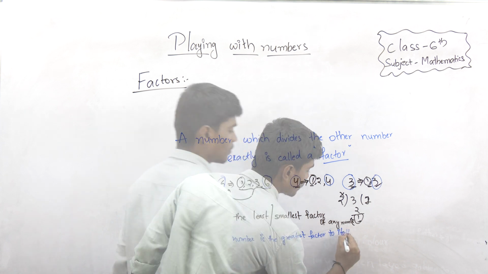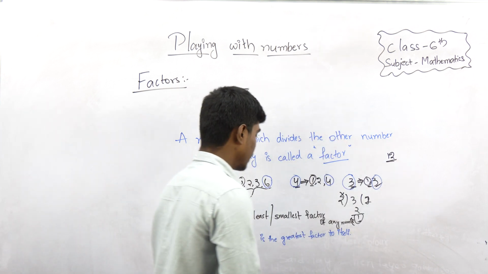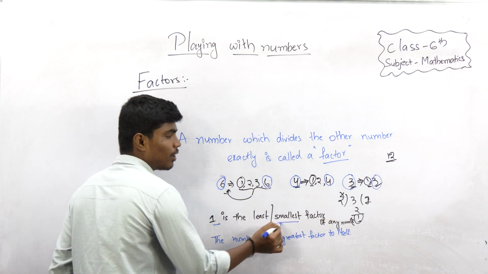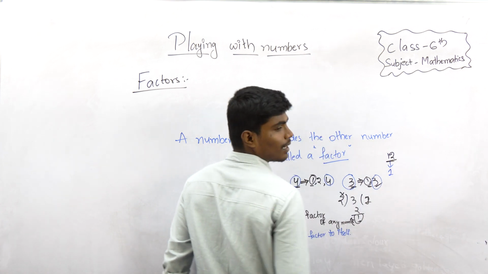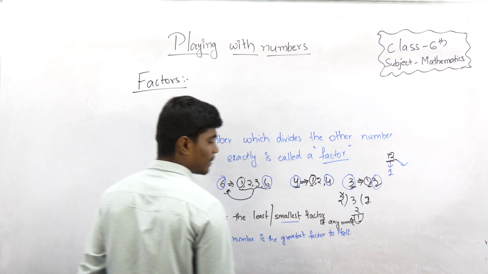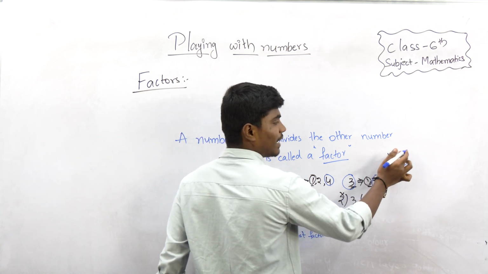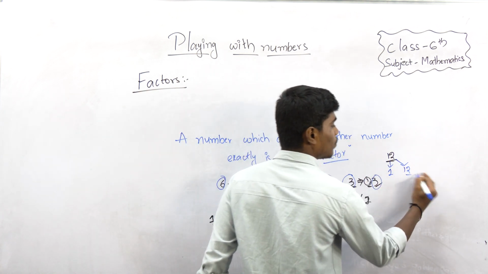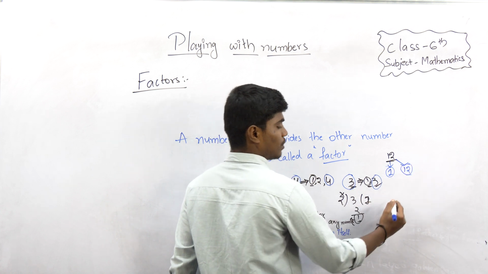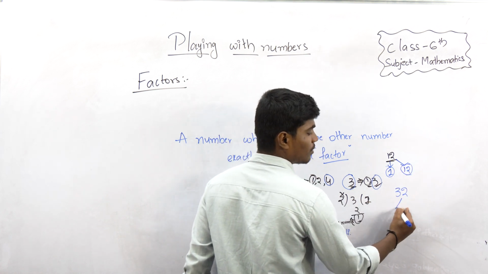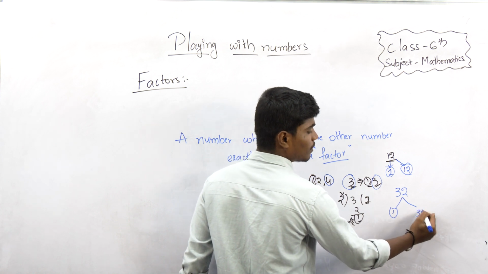If we take 12, 1 is the smallest factor and the greatest factor is 12. If we take 32 also, the smallest is 1 and the greatest is 32.